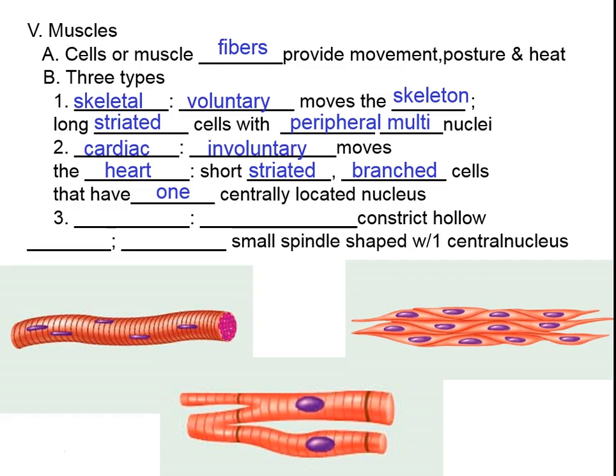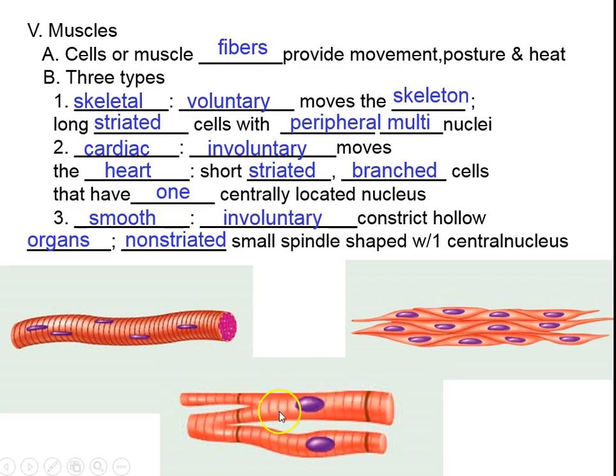If we look at smooth muscle, we have no striations. They're also involuntary like cardiac. They're going to cause hollow organs to constrict like your stomach and your small intestine, and they are non-striated. They are spindle-shaped cells with a central nucleus. So both cardiac and smooth have a central nucleus.